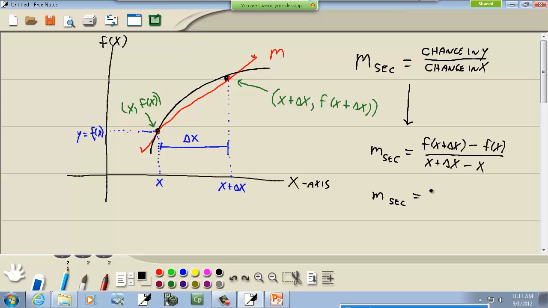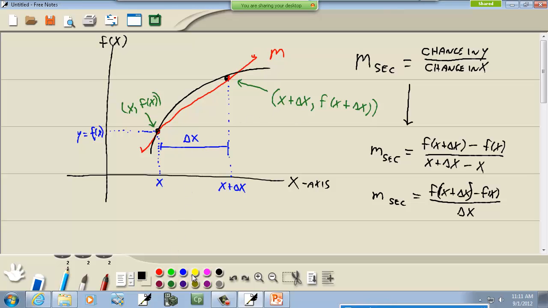Okay, so our slope of our secant line is f of x plus delta x minus f of x, all over, x minus x cancels, all over delta x. Some parentheses there. There we go. Okay, so that's our formula.